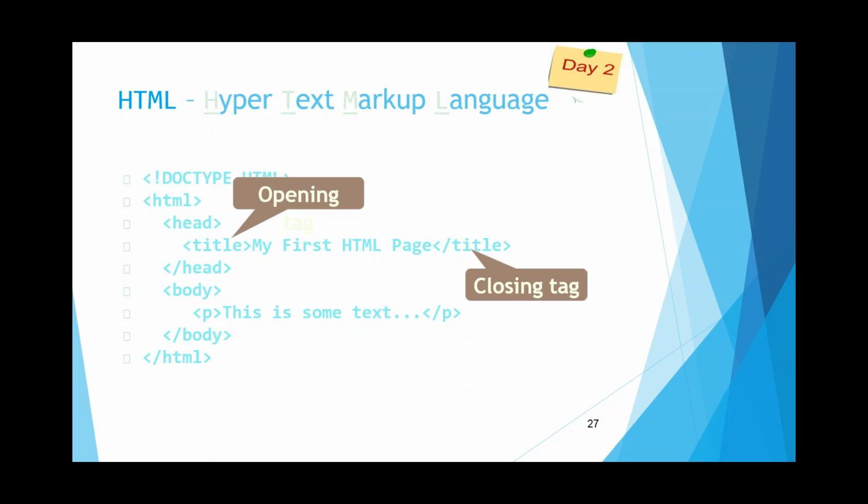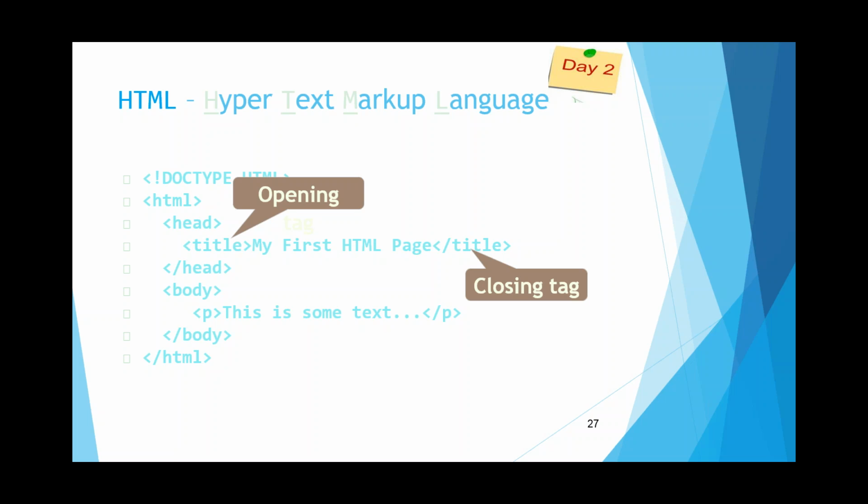The opening tag and closing tag should be properly used. So the title tag is opened and the title tag is closed. Whatever content you have given in between is treated as the content of that element.